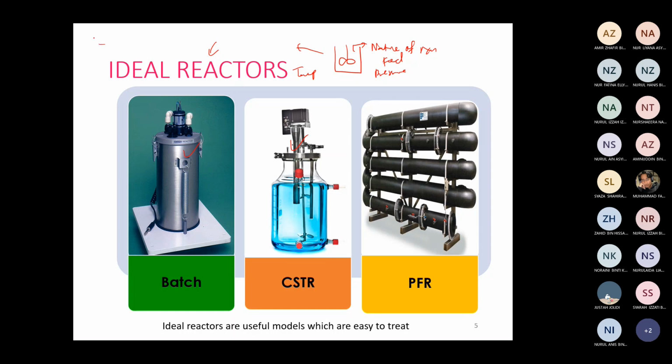Our basic function is to find the conversion X for a given size of reactor, and we will relate the size to the concentration, and to find the size of a reactor for a given concentration.